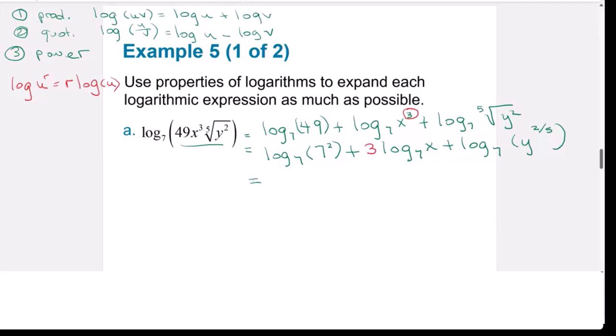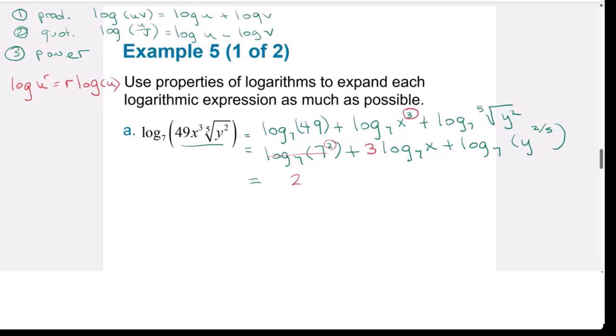Here, there are 2 ways to do this. I could either bring this around using the power rule, or I can use the property of logs where these cancel. Either way, it's going to be 2. I think I'll use the property of logs.